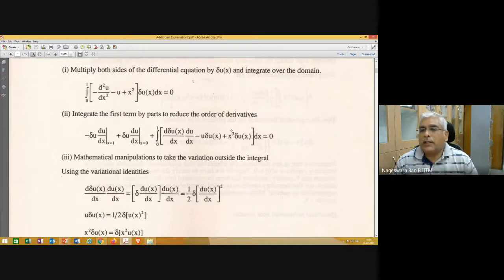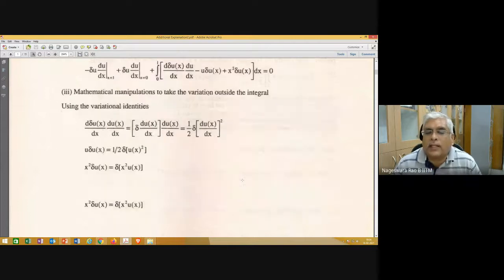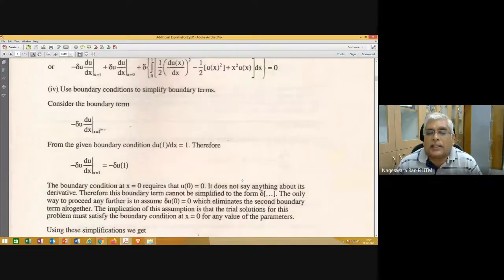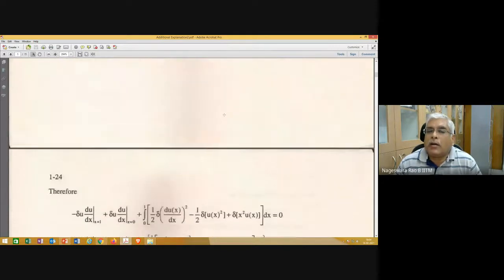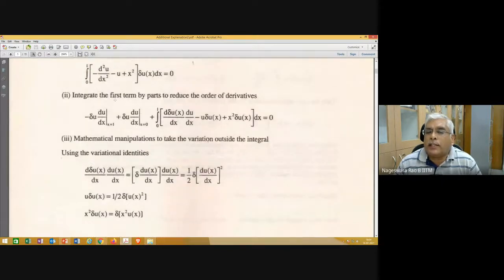When you bring it into this form, because you are coming in the backward direction, when you come to this point, one of the boundary terms is not going to be there. At that time, you can guess why it is missing there.